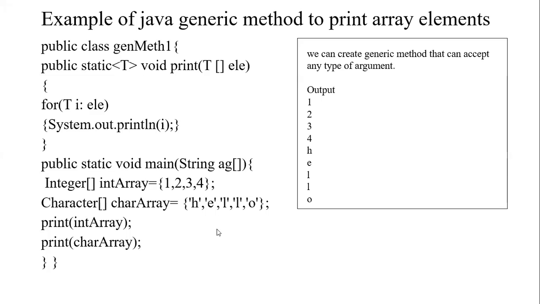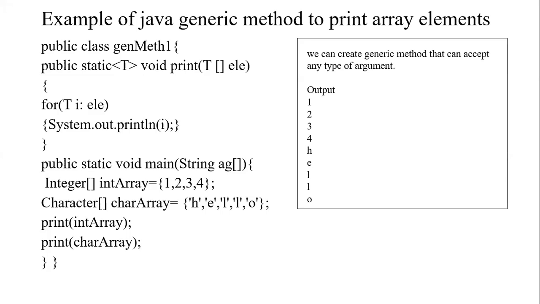The same concept of generics, that means the angular bracket followed by T, can be applied to classes and constructors also. I'll not be going through classes and constructors now. I'll share this recording with you. Go through the recording.